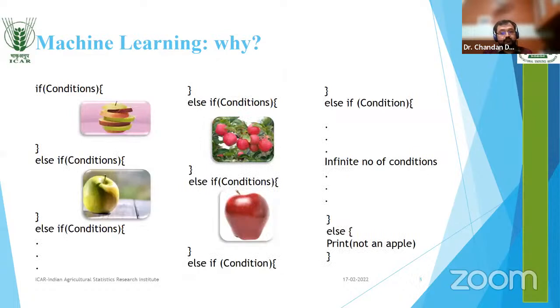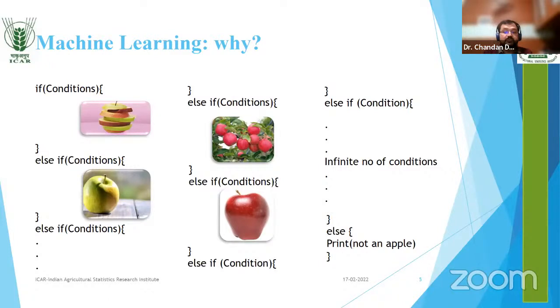If we try to incorporate all the conditions of the definition of an apple, we could define millions of conditions to define only one single object.